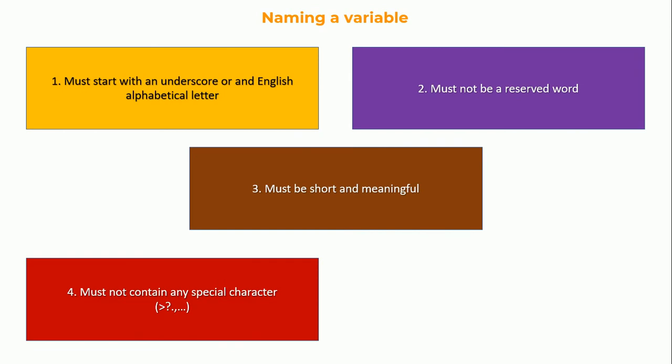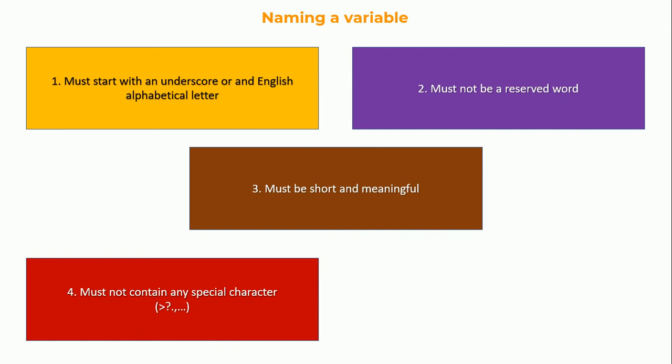No name on a bucket, by so saying I mean a variable, should contain any of these symbols listed. By any of these symbols, I mean special characters. Any symbol that's not an alphabetical letter or an underscore should not be used in a variable name.